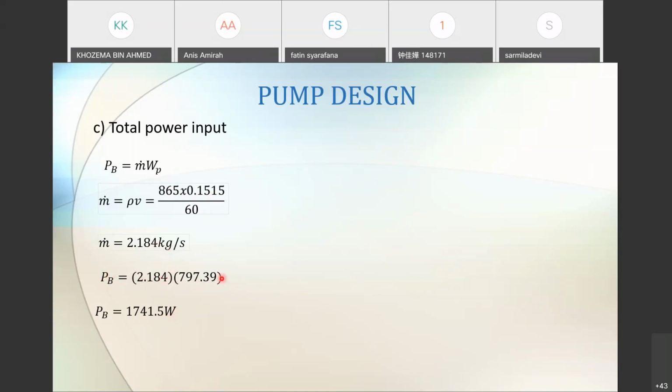So if you do unit cancellation, kg per minute times joule per kg, you'll get joule per minute, and joule per minute is not watt. So that's why you have to change the unit here into kg per second. So that is how you get the value of PB is equal to 1741.5 watt. So that is how you solve for question C.